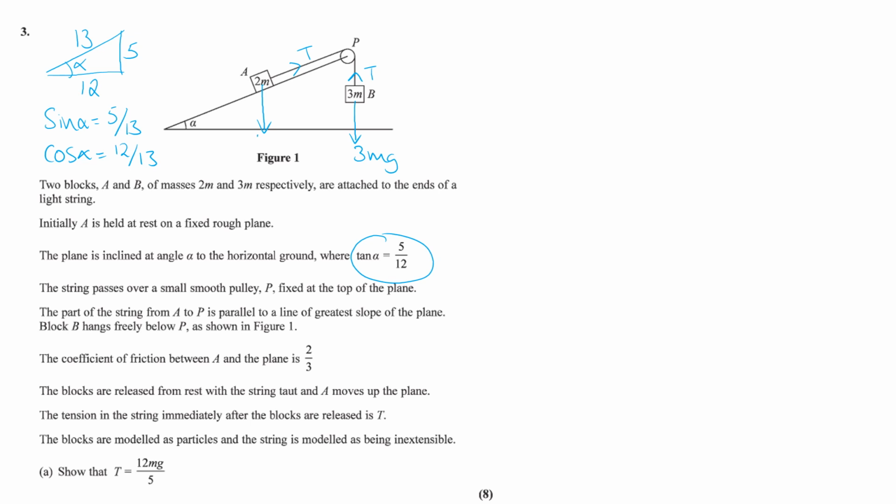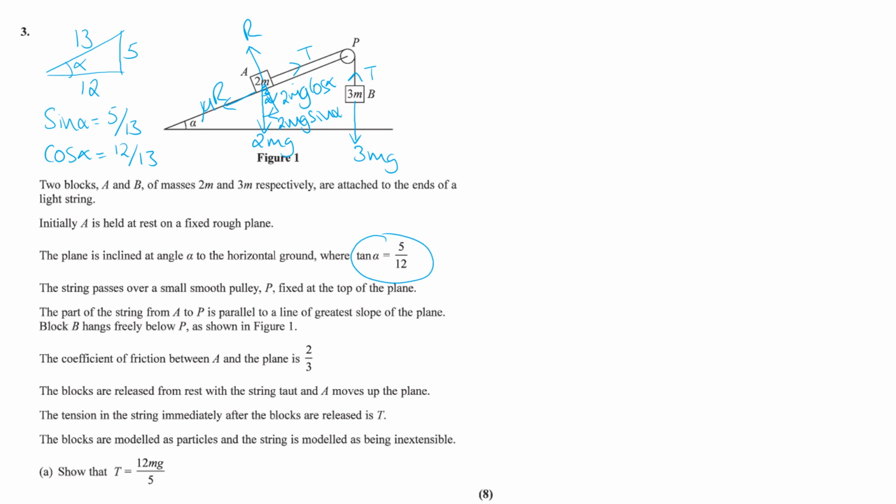A's weight is going to act down, 2mg, and then if we resolve that parallel and perpendicular to the slope, it's 2mg cos alpha, and that angle there is alpha, and we've got 2mg sine alpha. We've got the reaction here, and then because it's going to be going up the slope, we're going to have friction, mu R, opposing that motion.